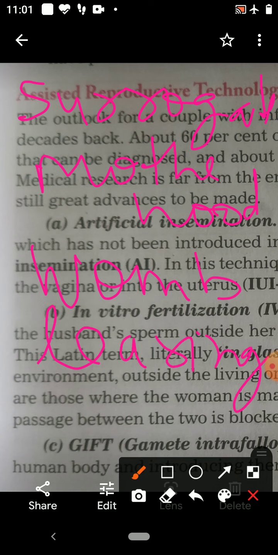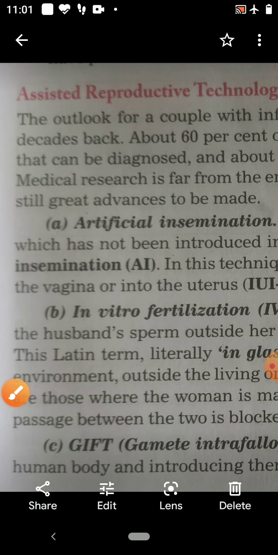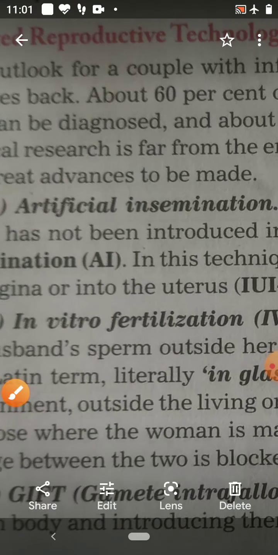And last one is embryo donation. So children, I told the different assisted reproductive technologies. Now you have to study in detail each one.